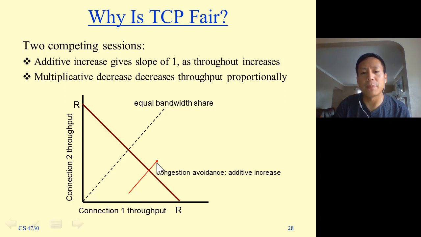They are increasing at the same speed. So we will go in this direction. We will keep increasing throughput for both connection 1 and connection 2 until this point.